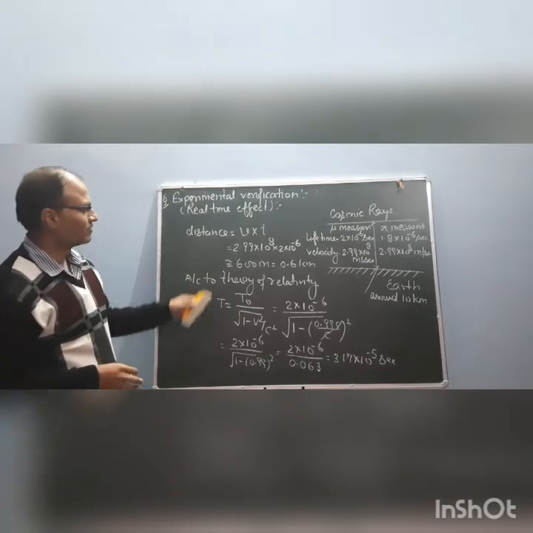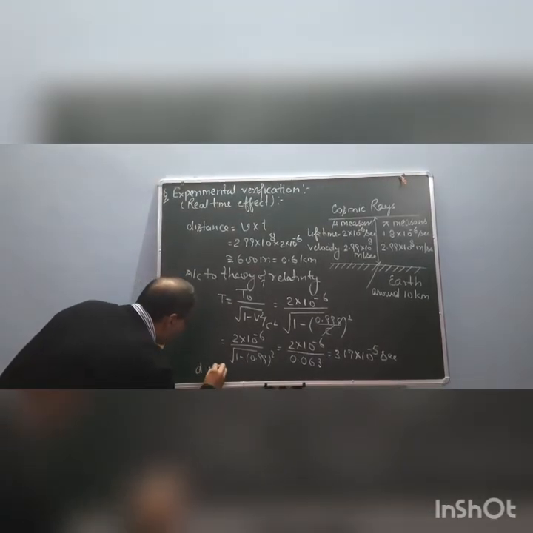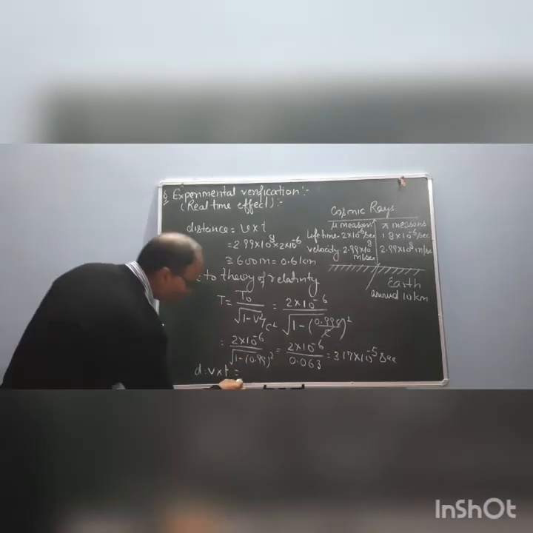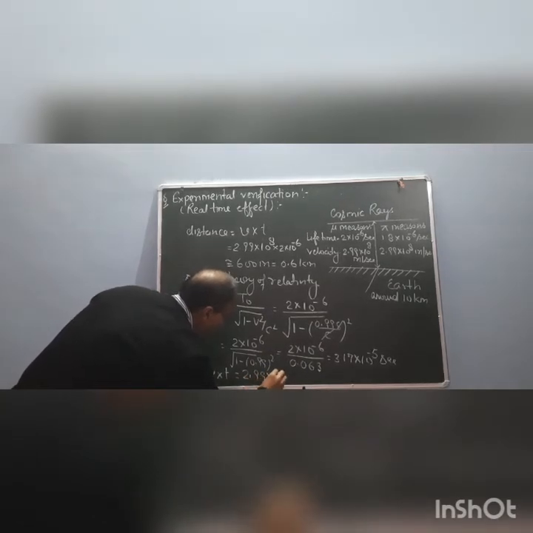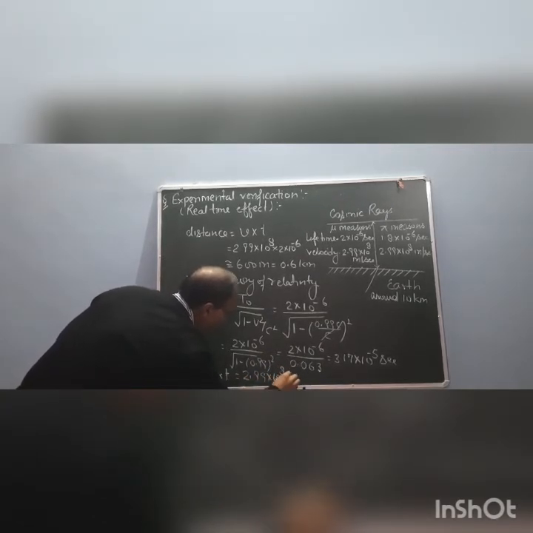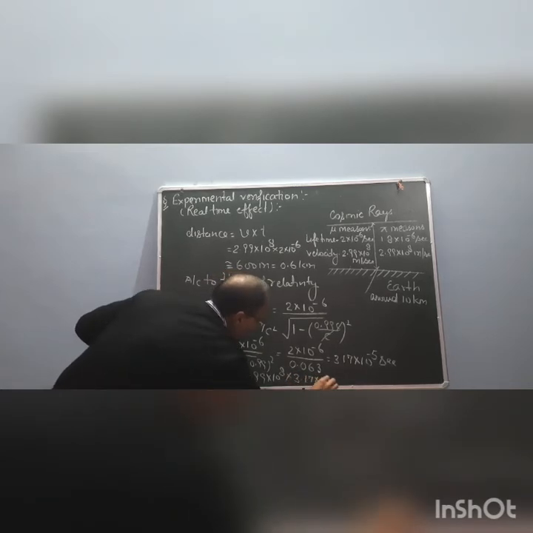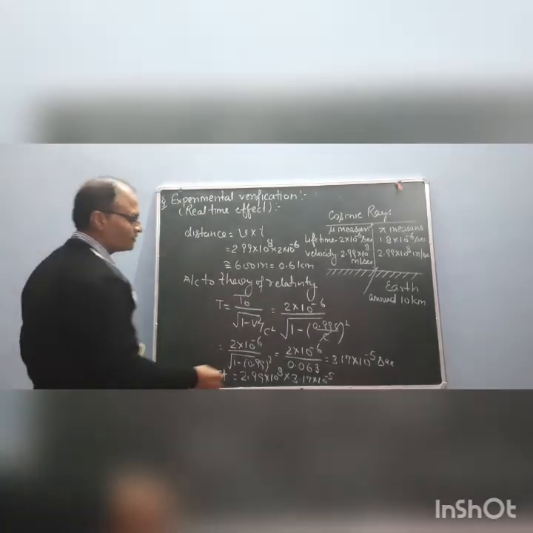Now calculate the distance. Distance equal to v into t, v is 2.99 into 10 to the power 8 into 3.17 into 10 to the power minus 5. Calculate this value.